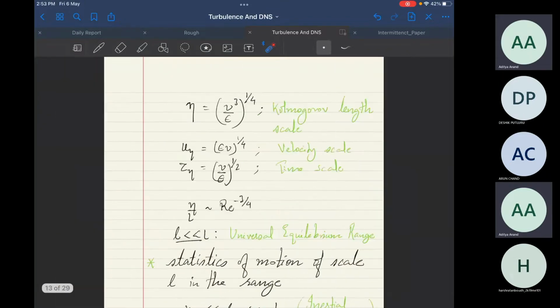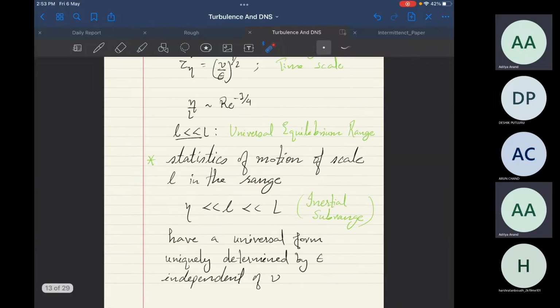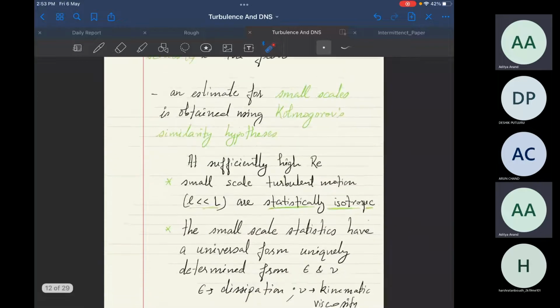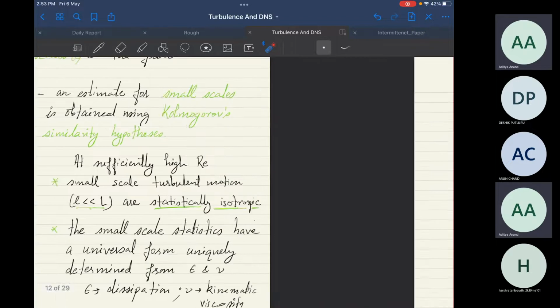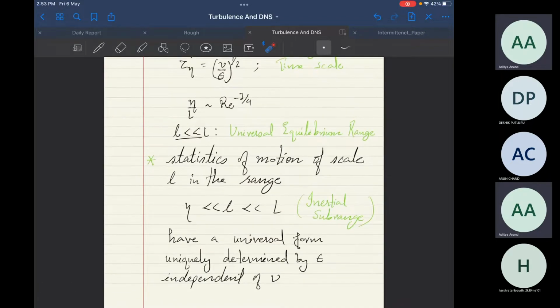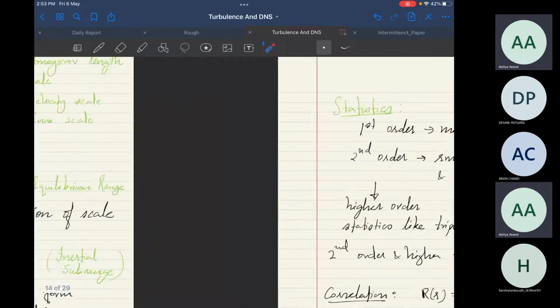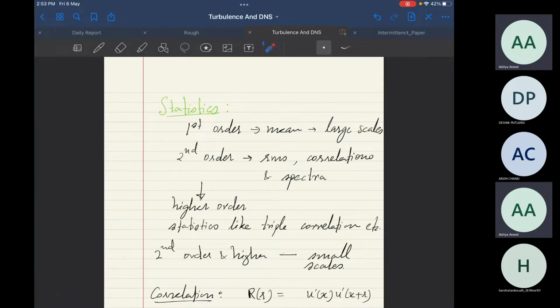Both of these hypotheses say that your statistics have some functional form. According to the first hypothesis, your statistics depend only on epsilon and nu, while in the inertial subrange, the statistics depend only on epsilon. So what are these statistics? You have your instantaneous flow velocities, which are fluctuating in space and time. Of course, you can take a mean to get the mean velocities, which is the first order statistic.